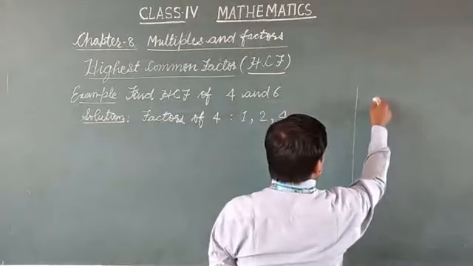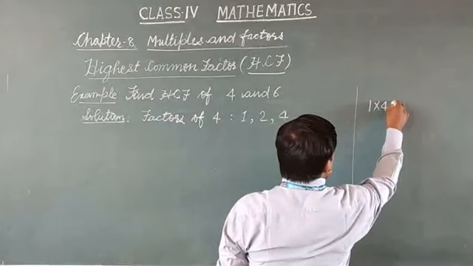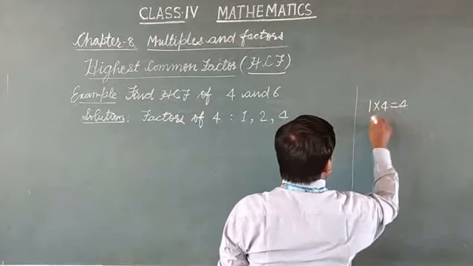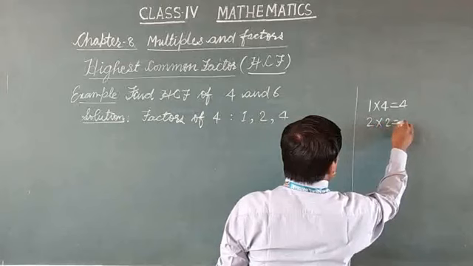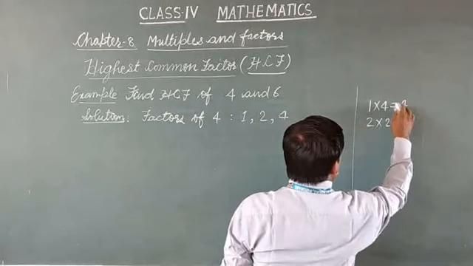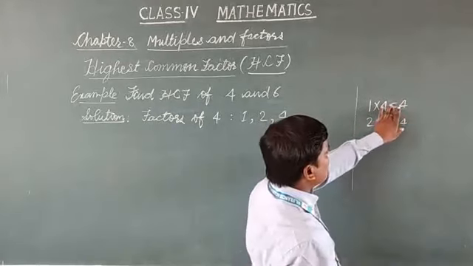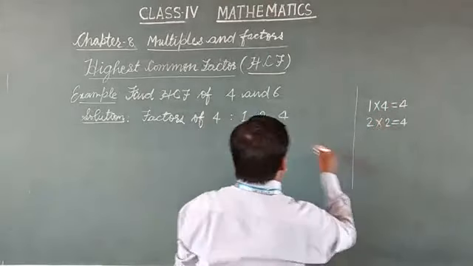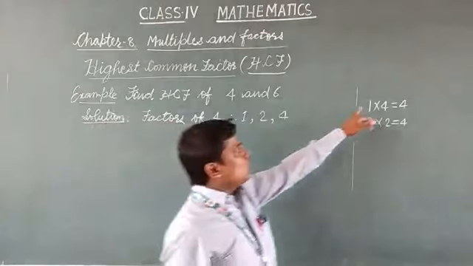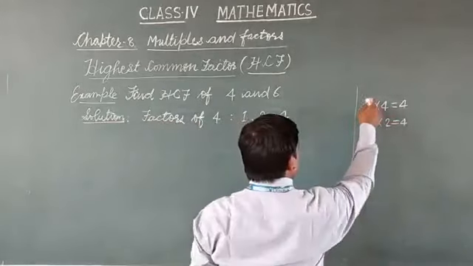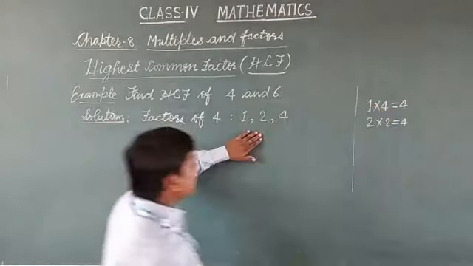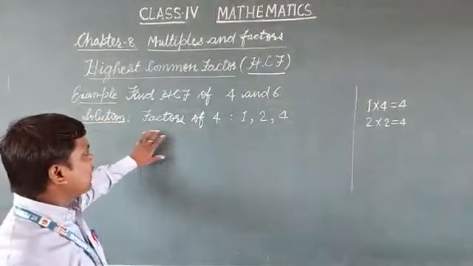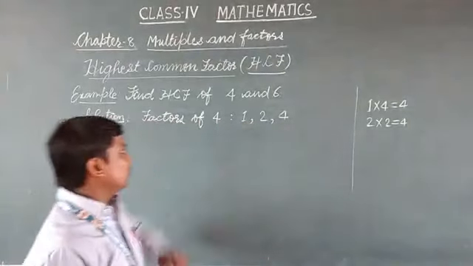In rough we can do 1 into 4 is 4, 2 into 2 is 4, no other number by which 4 is divisible. So here we can write the factors of 4: 1, 2 and 4.